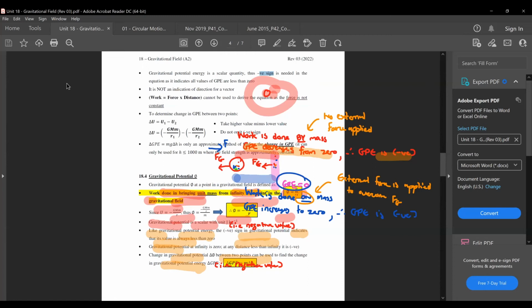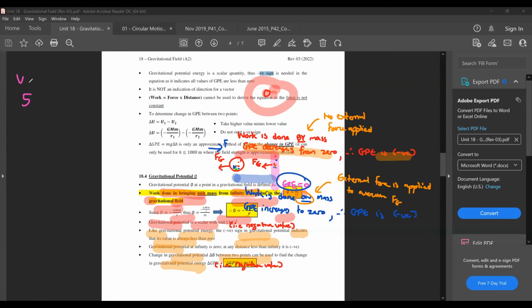If I tell you, for vectors, 5 Newton versus negative 5 Newton, automatically you will tell me that this one is acting in the opposite direction, right? So for vectors, the negative sign is simply telling you it's acting in the opposite direction.